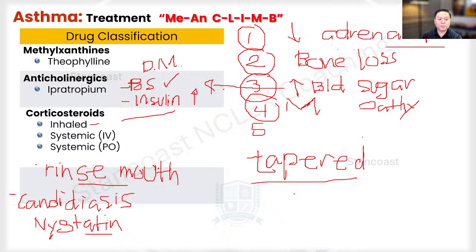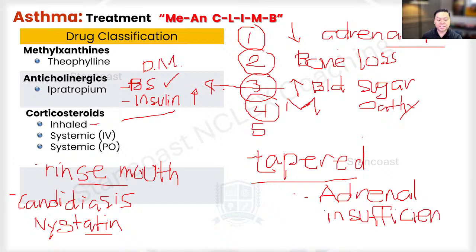Why? Remember about the adrenal insufficiency? It's because the adrenal gland is used to having an external source of the steroid. The adrenal gland will think, no, I think I'm just going to sleep. I'm just going to hibernate because somebody is adding some steroid into the body. So I'll just relax.